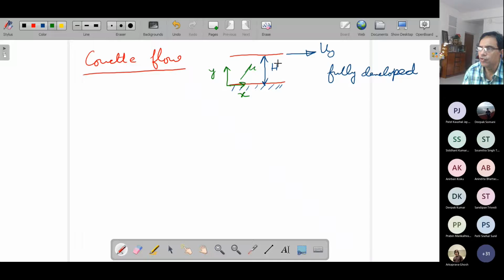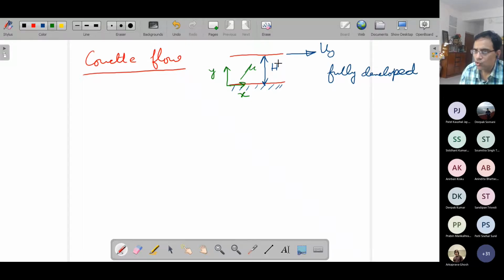Have you ever seen anybody physically pulling one plate and dragging fluid along with it? In no imagination can we very commonly see such a means of controlling fluid flow. But then why is this important?